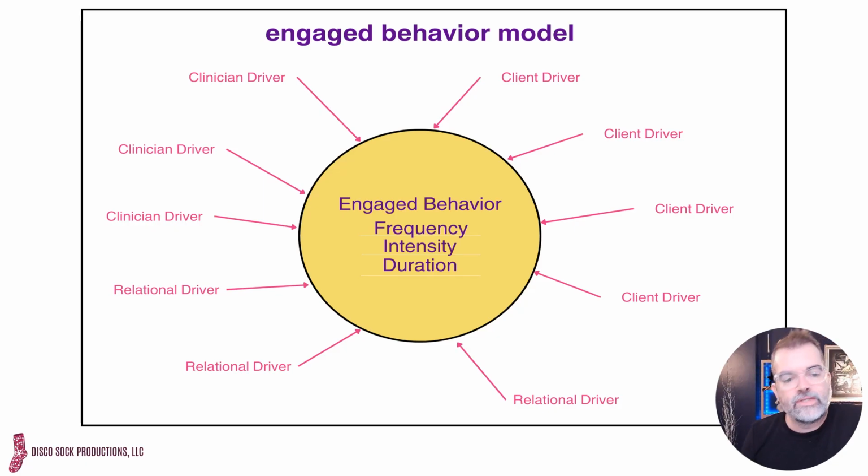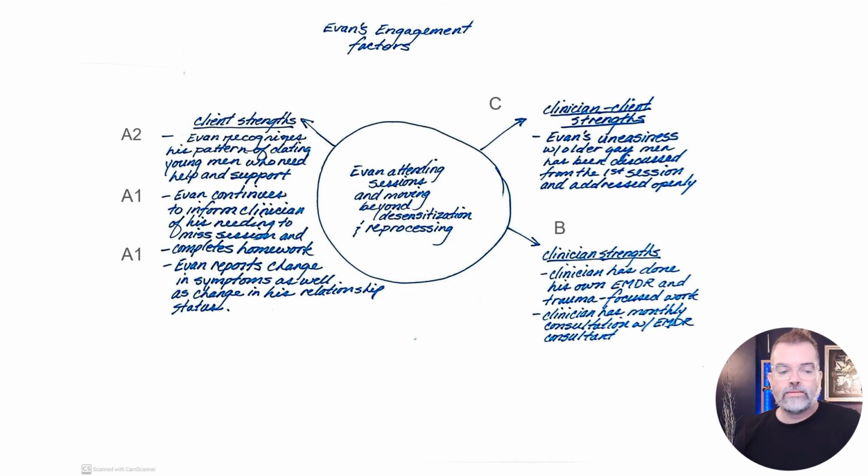So we returned again then to the engaged behavior model next. And just as a review, Evan's factors of engagement that we discussed are here. And I again asked Evan to identify the A, B, and C strengths and assets that would help us in this particular situation.